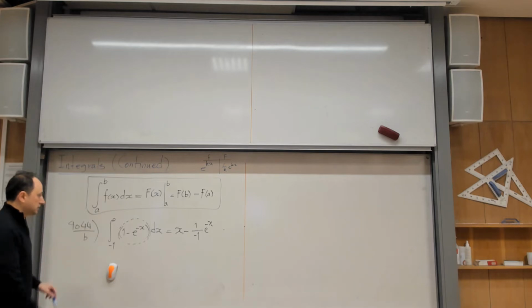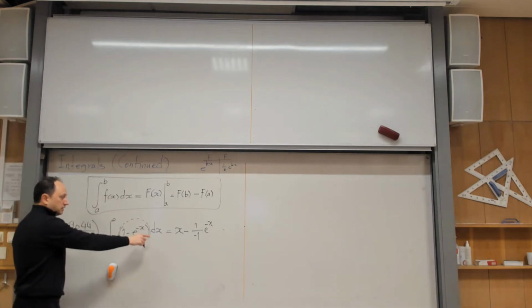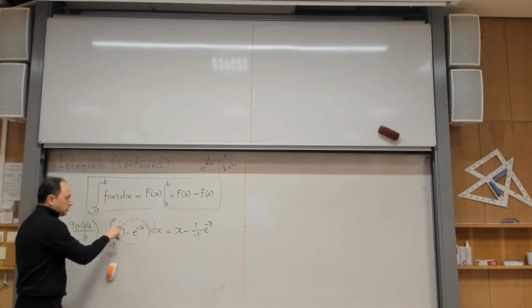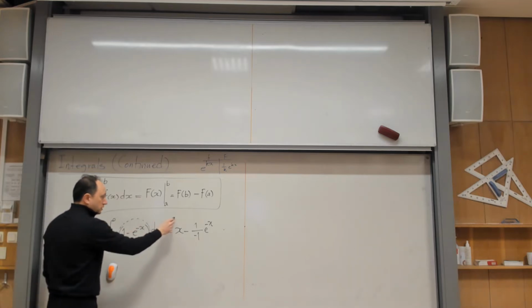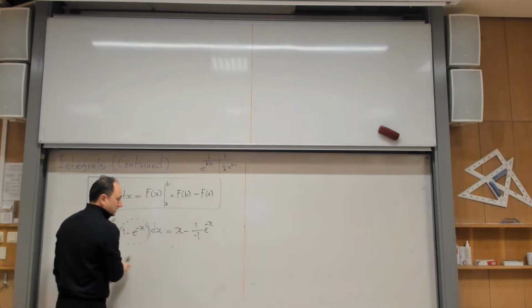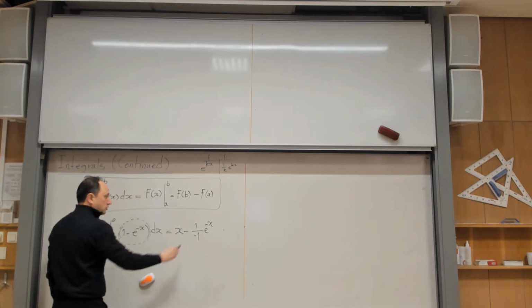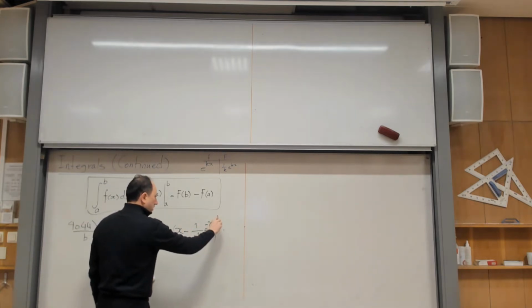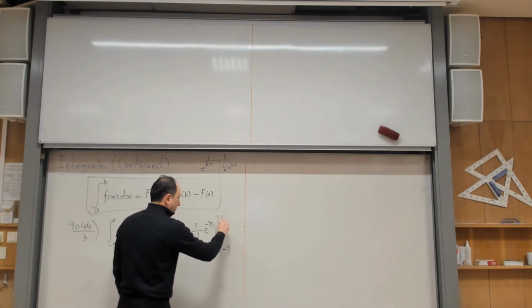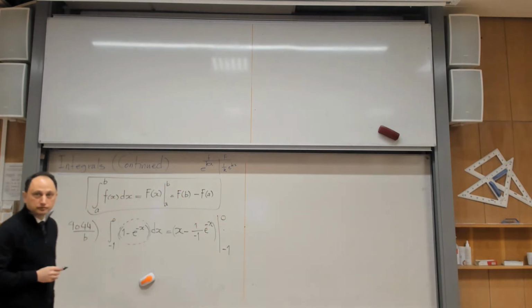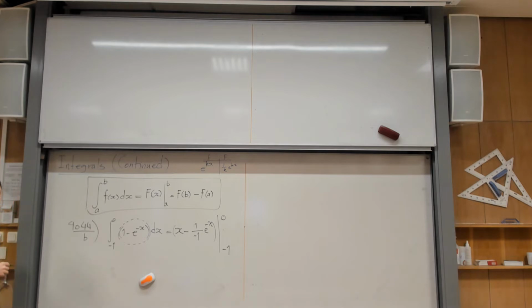And this is important. When you have done the primitive part, you really have to remove the integral sign. I have seen students still put this integral sign here. That is completely wrong. So you have to write this vertical line in front and write from minus 1 to 0.